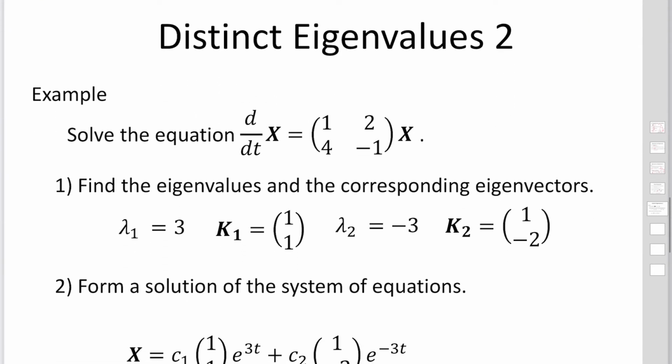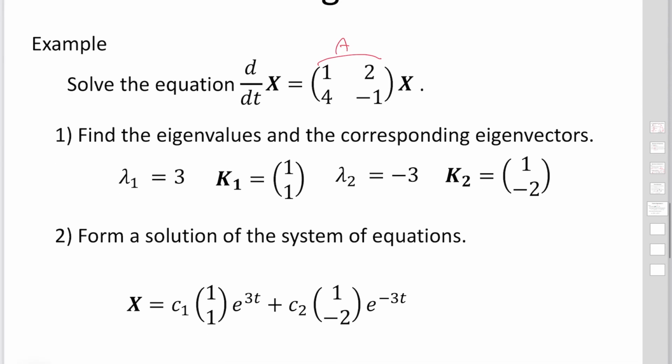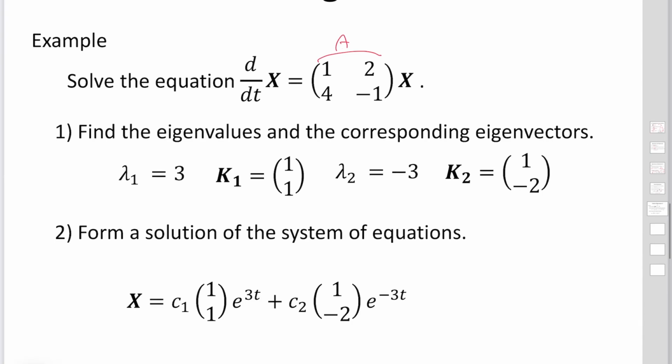I'd like to show you an example. Solve the homogeneous equation, where the matrix corresponds to A. Then find the eigenvalues and the corresponding eigenvectors. As I explained, we discovered that lambda sub 1 equals 3, and the corresponding eigenvector is 1, 1. The other eigenvalue is minus 3, and the corresponding eigenvector is 1, minus 2.